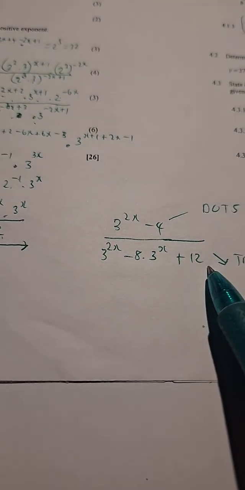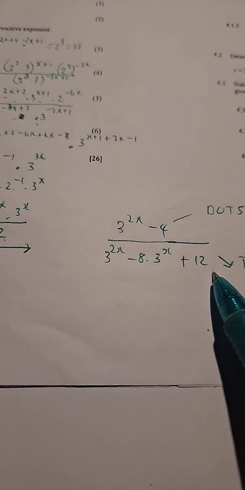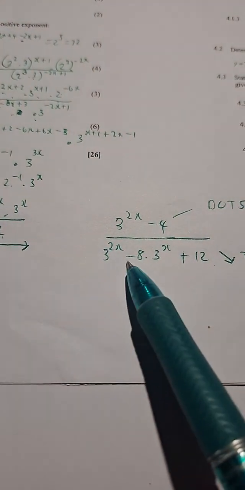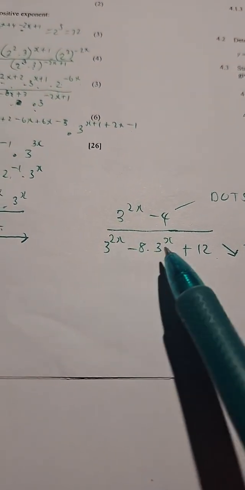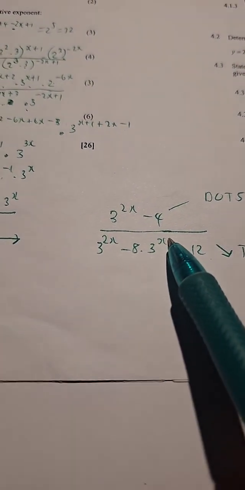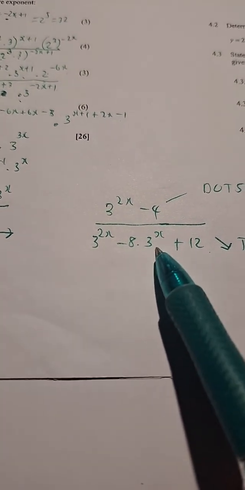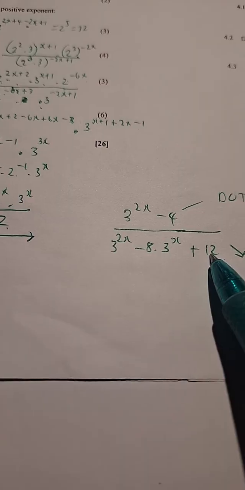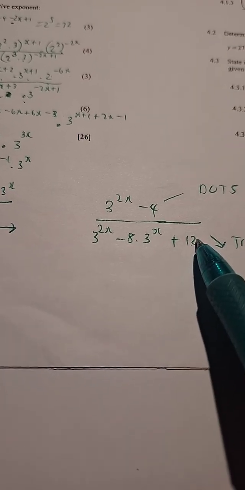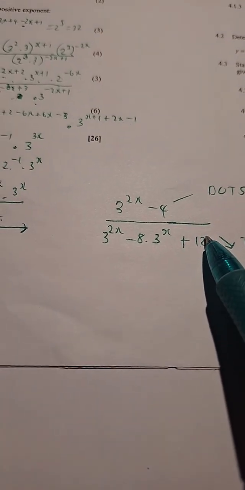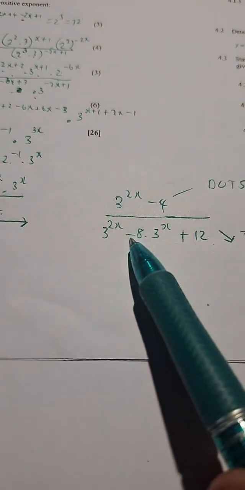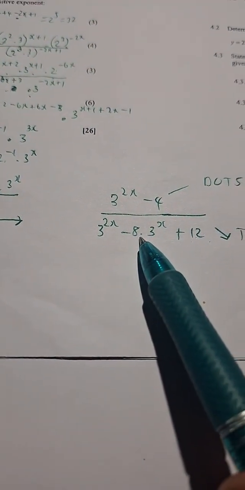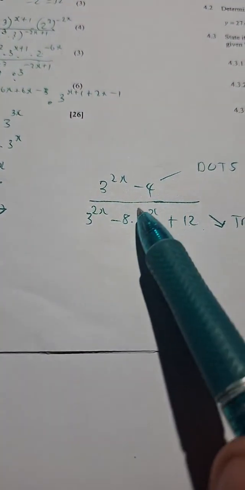This here is a trinomial. This is like your first term, that is quadratic, 8 times your x variable, and then this is 12. So think about the factors of 12, which you multiply, you get 12, you add, you get negative 8. These are just simply variables.